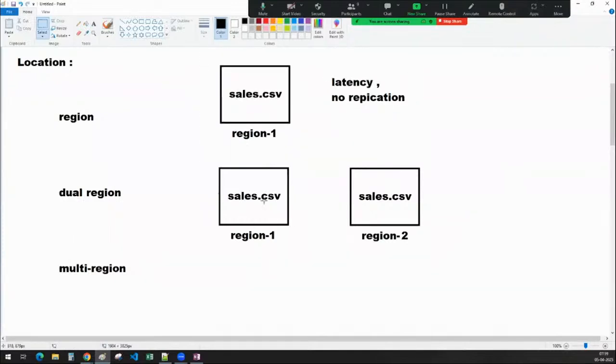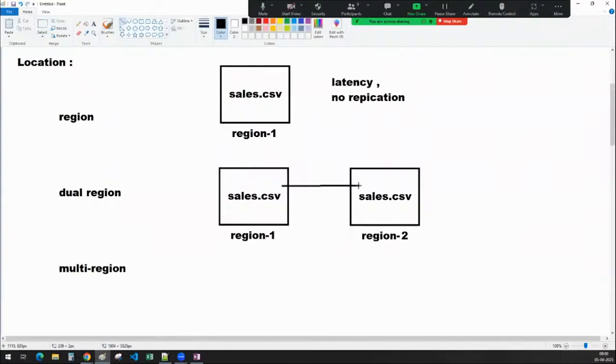In a dual region, you have created a bucket in region 1 and you have selected dual region. So whatever file you upload, sales.csv, the same data will be replicated. One more copy of the same data will be available in region 2 because it is a dual region.